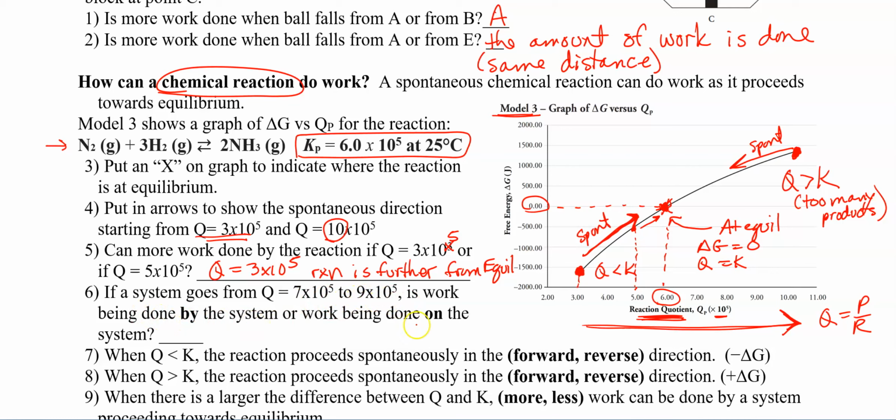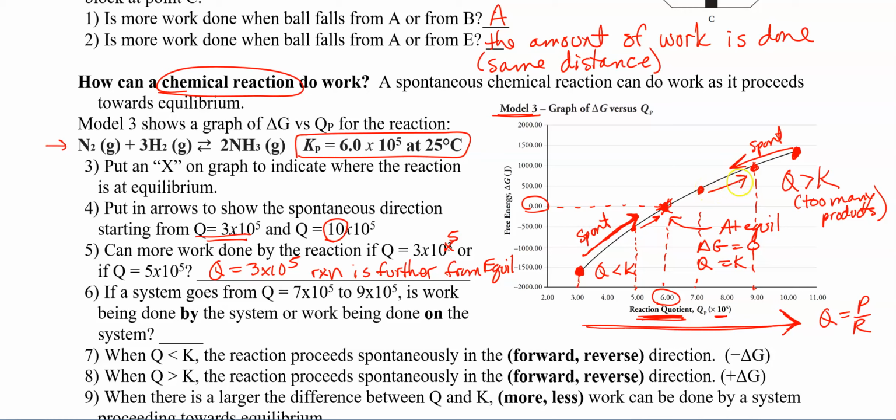is work being done by the system or work being done on the system? All right, so we're going from 7 to 9. So 7 is here, and then 9 is here. So we are moving from 7 to 9. So is that the spontaneous direction or the non-spontaneous direction?